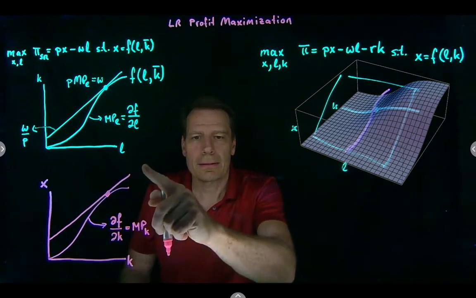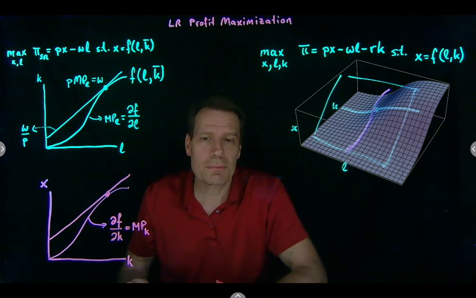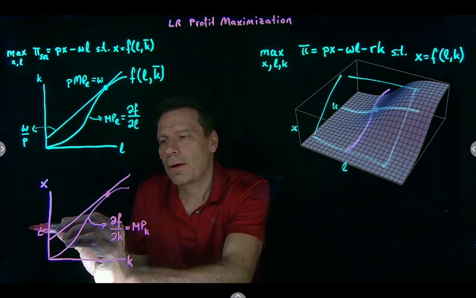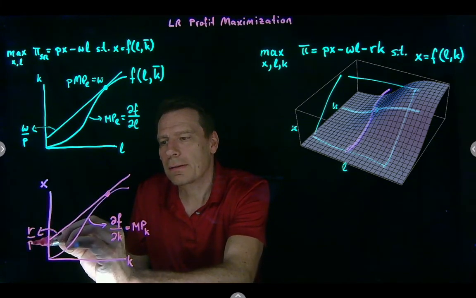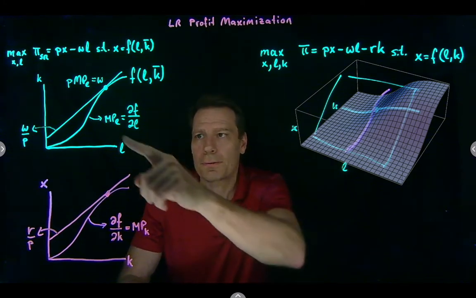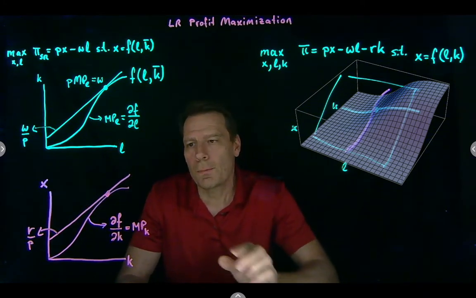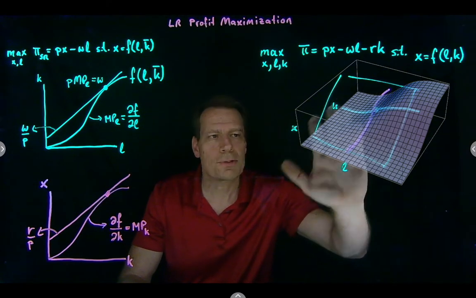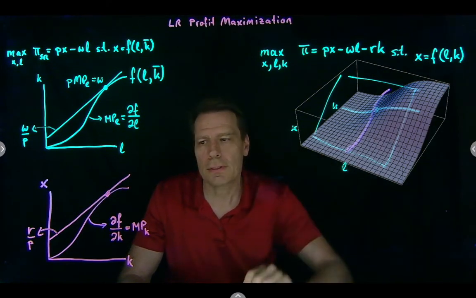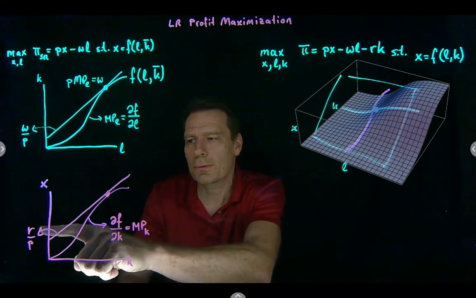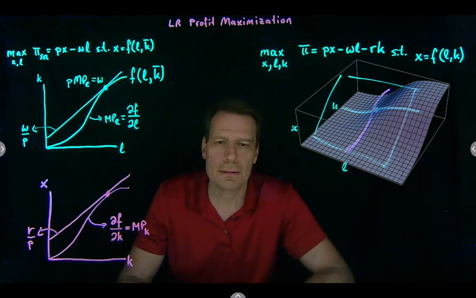That line is going to have a similar equation, except the slope now is going to be R over P instead of W over P. But it's exactly the analogous thing to this picture here. Which means that at this tangency, where that plane is tangent to the whole three-dimensional surface, it has to be that the marginal product of capital is equal to the rental rate divided by price.